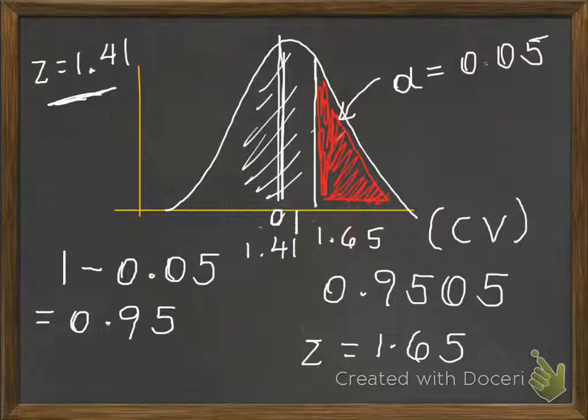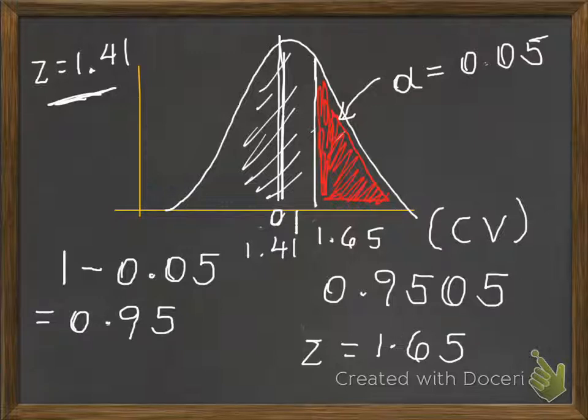So it fails the critical value test, and the result of that is that we cannot reject the null hypothesis. We do not have enough evidence to support the claim that the proportion P is greater than 0.8.